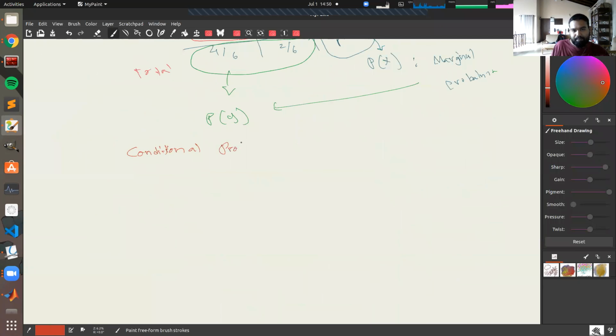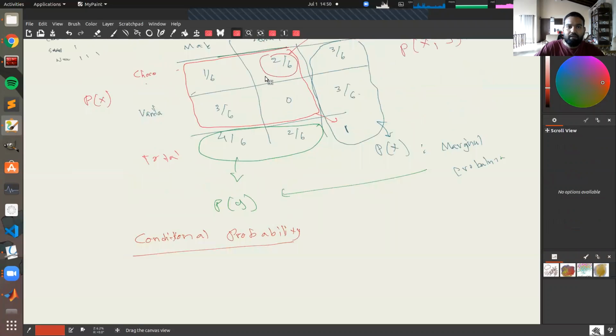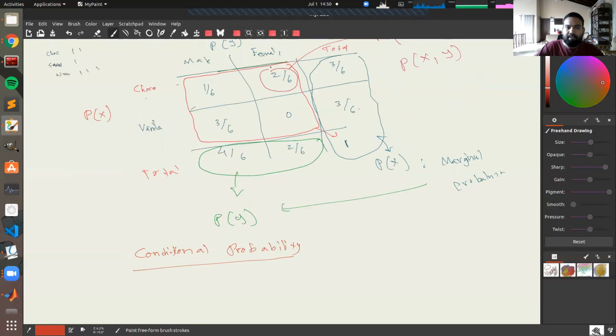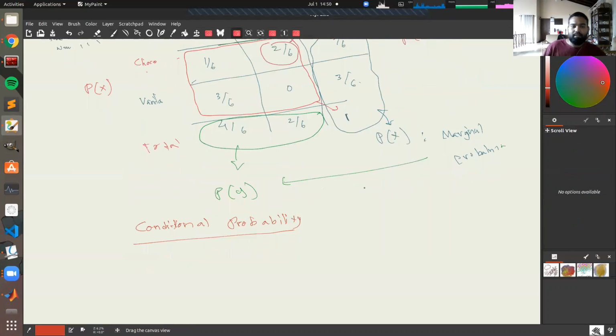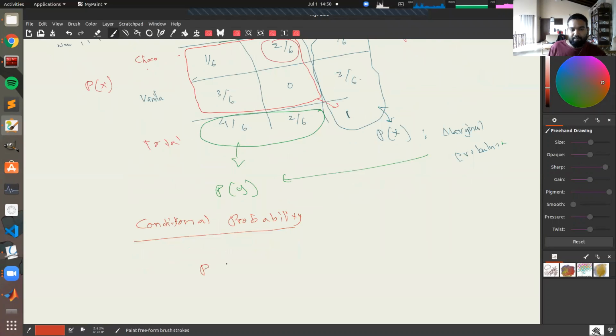Conditional probability is basically the question: given you're female, what's the probability you like chocolate? So given a certain piece of information, what is the probability of something else?